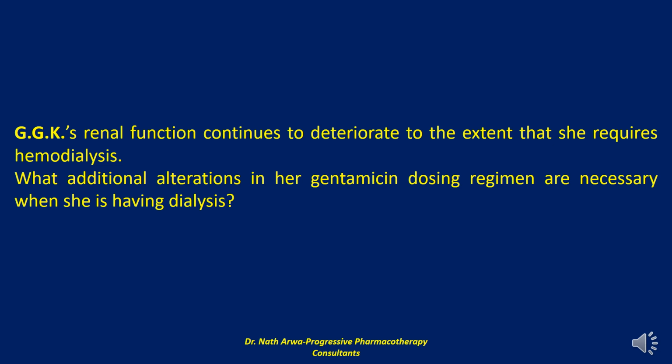It generally is difficult to calculate an appropriate maintenance dose for patients having hemodialysis that will maintain peak and trough concentrations similar to patients with normal renal function, in part because of the large variability found in aminoglycoside pharmacokinetic parameters.